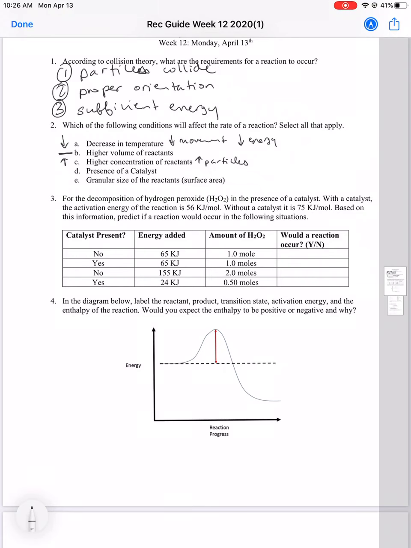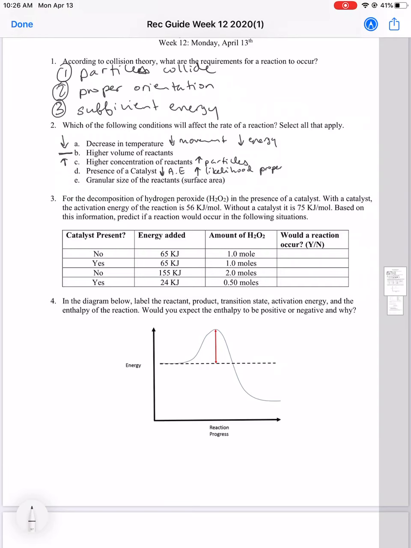The presence of a catalyst. Remember, a catalyst decreases the amount of activation energy needed, and it also increases the likelihood of the reactants colliding in a proper orientation. It's almost like a catalyst provides a template for the reactants to collide, almost like a magnet.